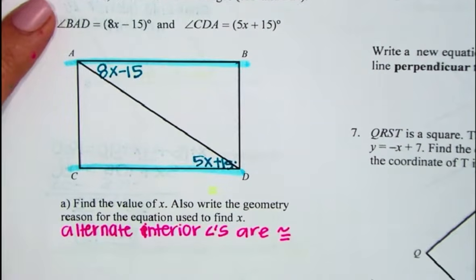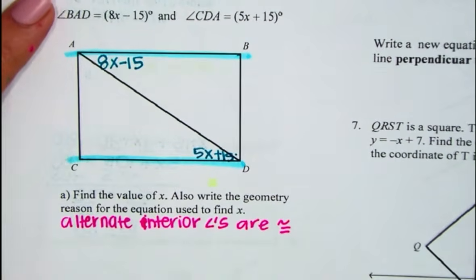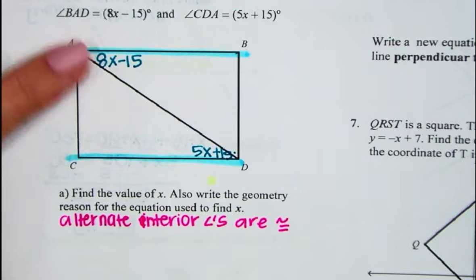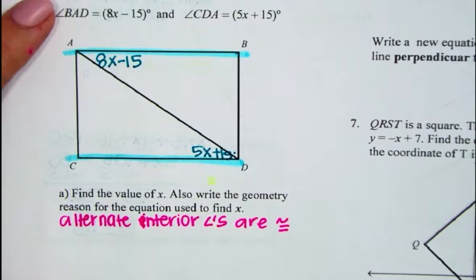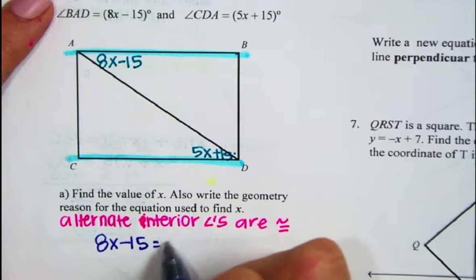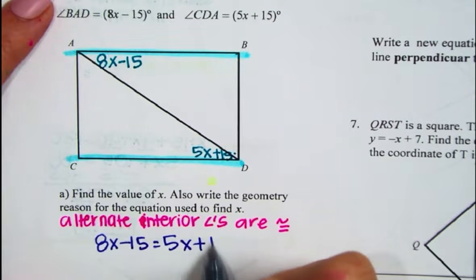So to write the equation to find x, we would take these angles, and they're congruent, so we set them equal to each other. So 8x minus 15 is equal to 5x plus 15.